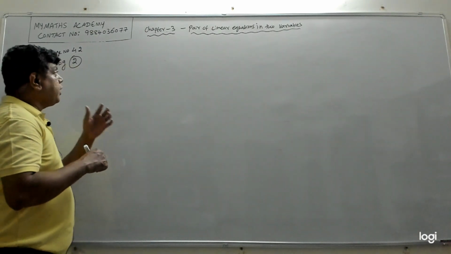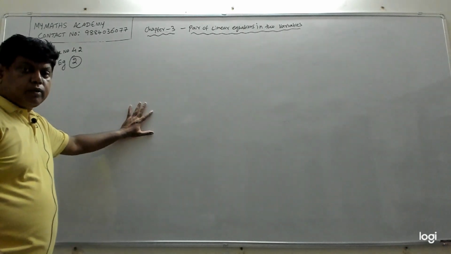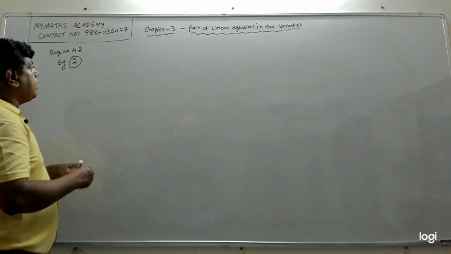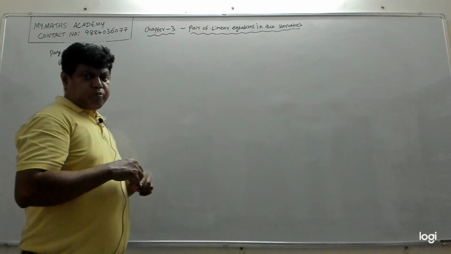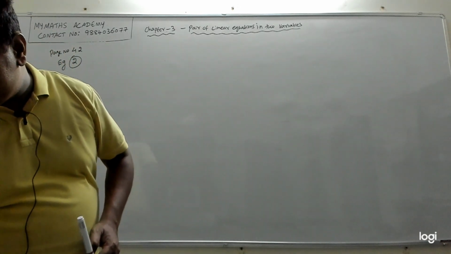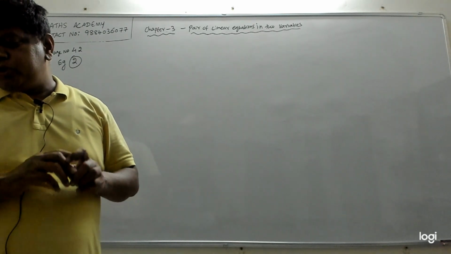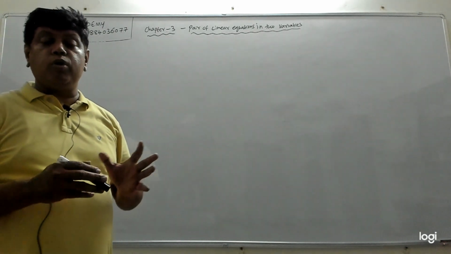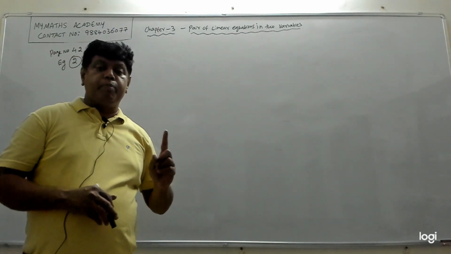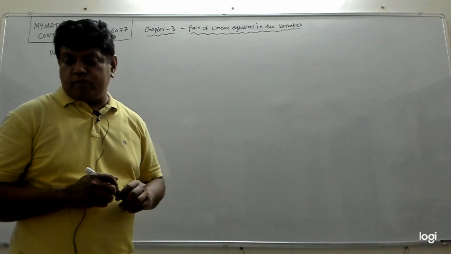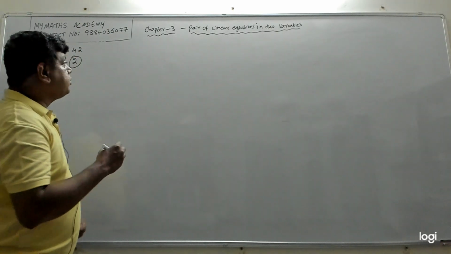So now let's try to convert the given situation into equations. How many erasers and pencils did Romila buy? Romila bought 2 pencils and 3 erasers. We don't know the cost of one pencil or the cost of one eraser, so we will assume them as x and y.